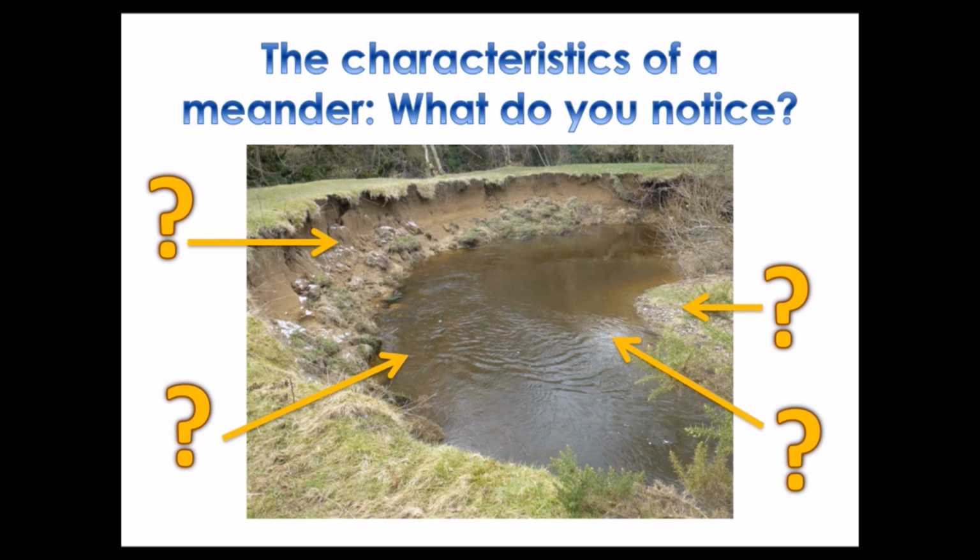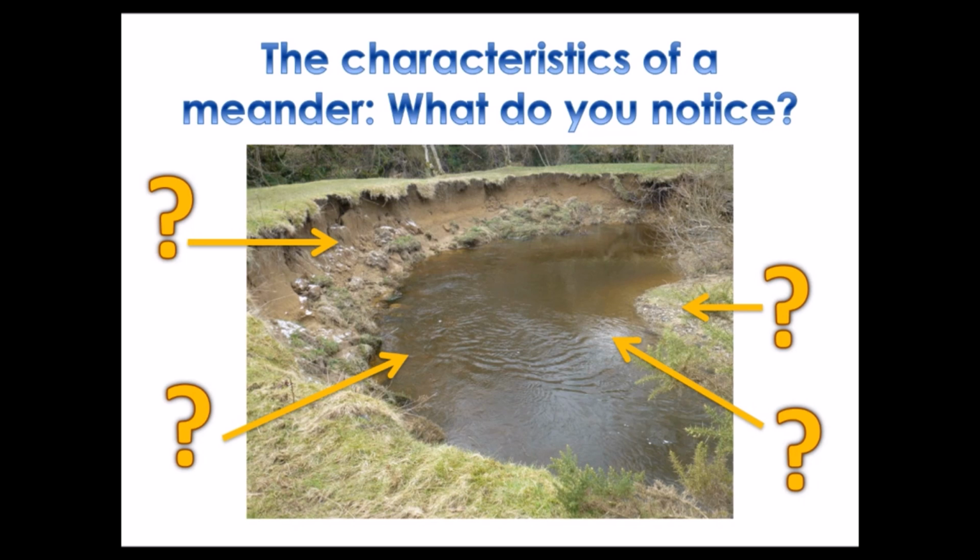Okay, so let's have a look first of all at the parts of the image that I've pointed to that are not water. On the right hand side, you can see that the riverbank is very different to the left. On the left, we have a cliff-like riverbank, and this is referred to as a river cliff.